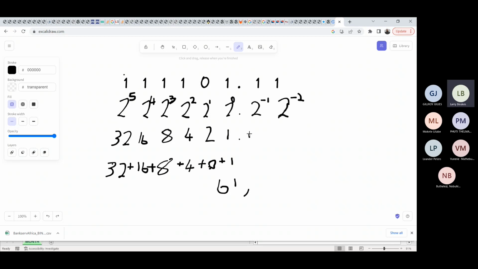So this will be 0.5, then 0.5 divided by 2 is 0.25. Then the next one is 0.125.